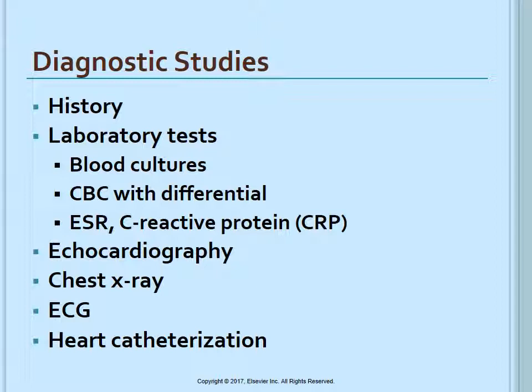The patient's health history is important in assessing IE. Ask patients if they've had any recent, within the past 3 to 6 months, dental, urologic, surgical, or gynecologic procedures, including normal or abnormal obstetric deliveries.